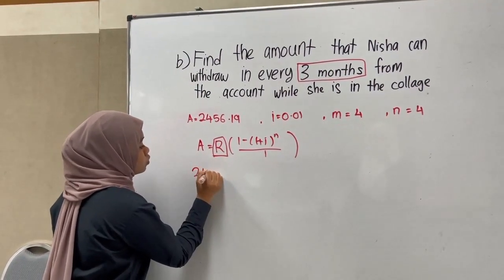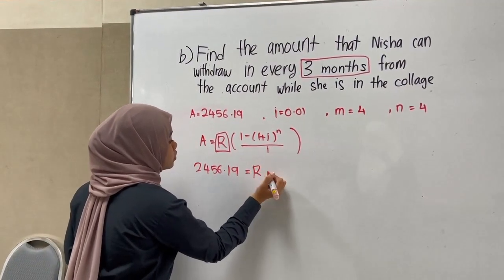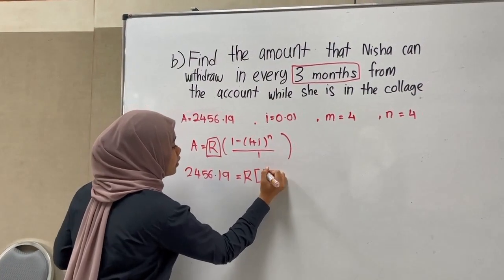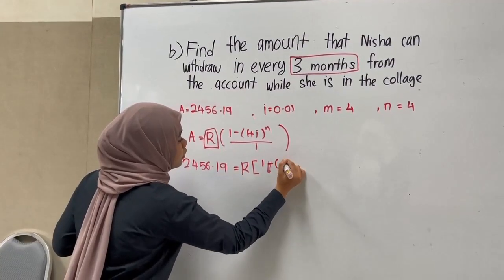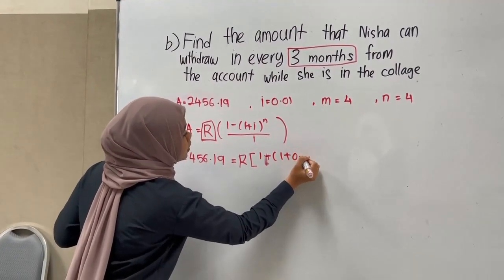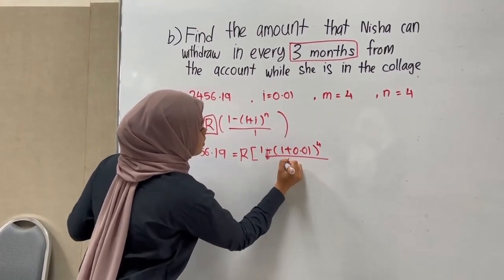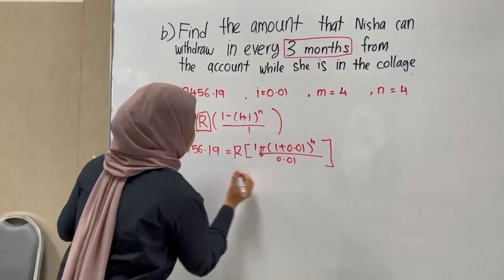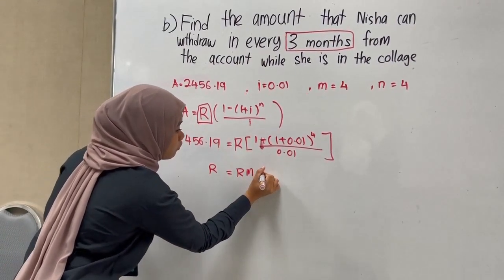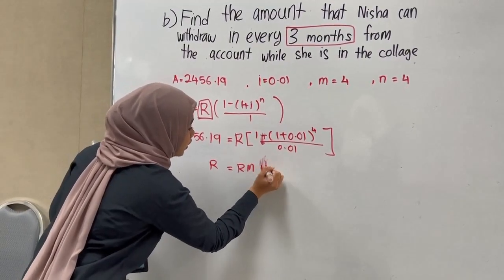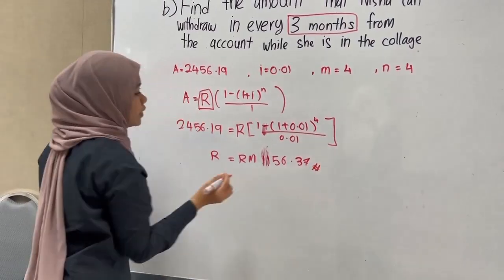So A = 2456.19 = R, because we need to look for the value of R, [1 - (1 + 0.01)^-4]/0.01. So the final answer will be RM1156.37. That is your final answer.